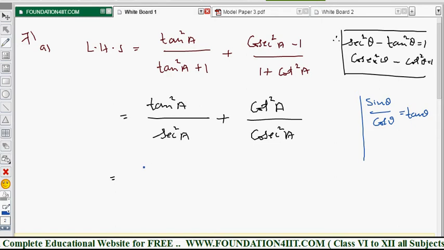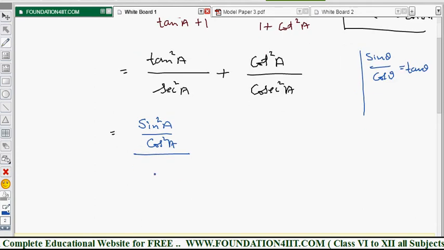So tan square A, that is sin square A by cos square A, divided by sec square A, that is reciprocal 1 by cos square A. So 1 by cos square is sec square A, plus cot square A is cos square A by sin square A, and cosec square is 1 by sin square A.